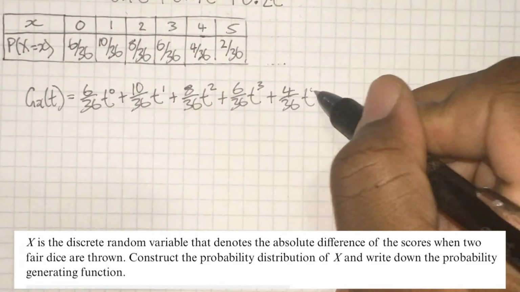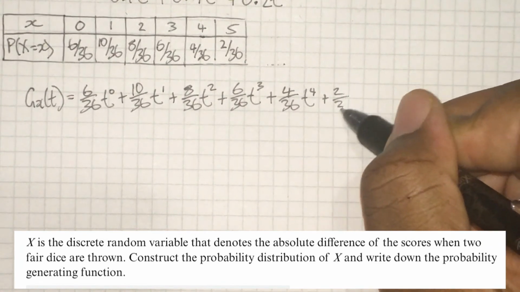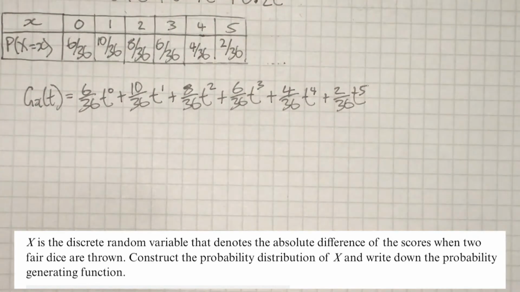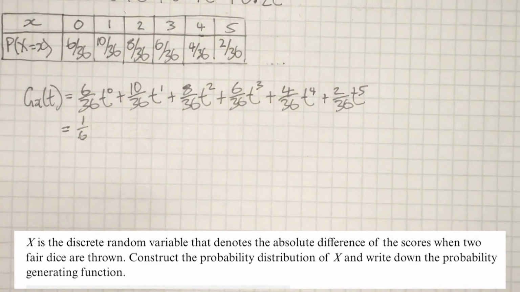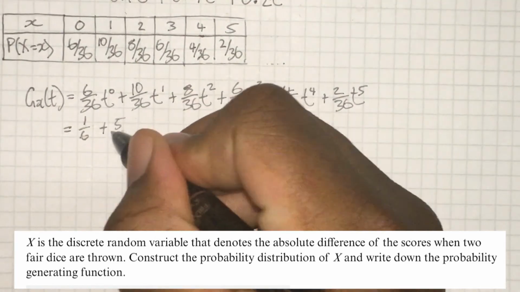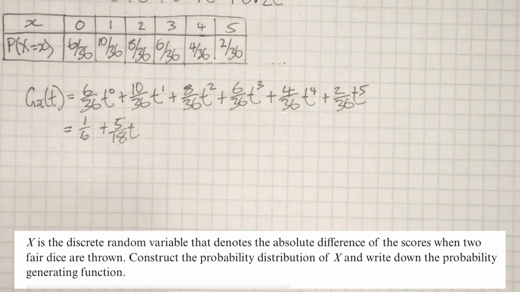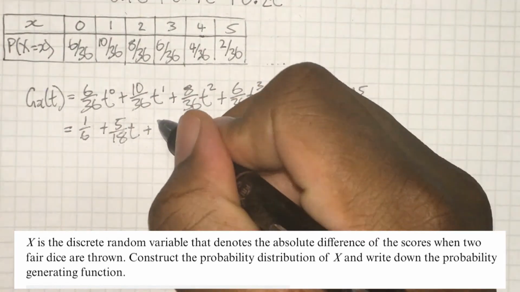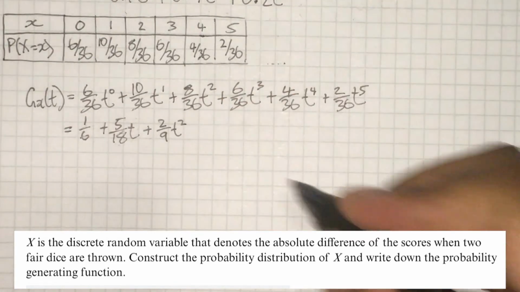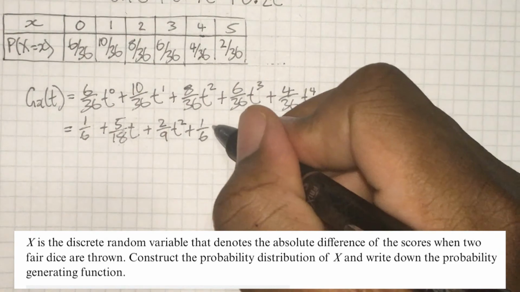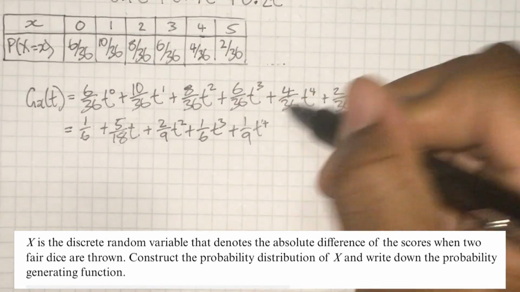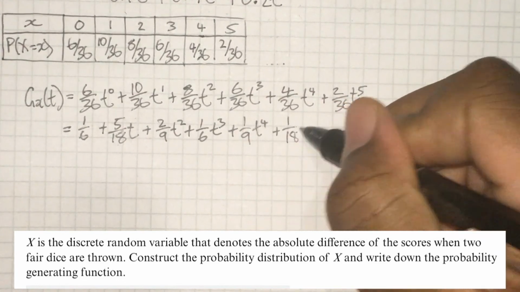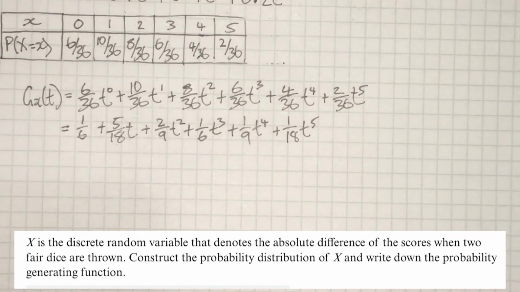At this point, I would probably simplify, but while it's unsimplified, we have the opportunity to check that the probabilities actually add up to 1. So just adding those numerators, we should get 36. A quick sense check to make sure we have the correct probability generating function. So this is a throwback to year 12, asking you to produce that sample space diagram and then using that to produce the discrete random variable, and from there we've turned it into a probability generating function.